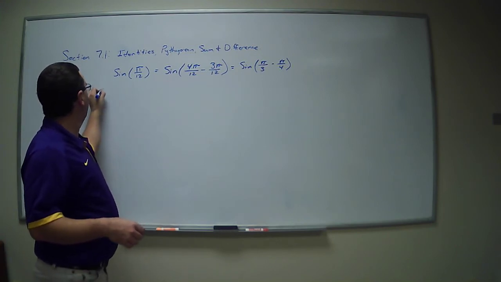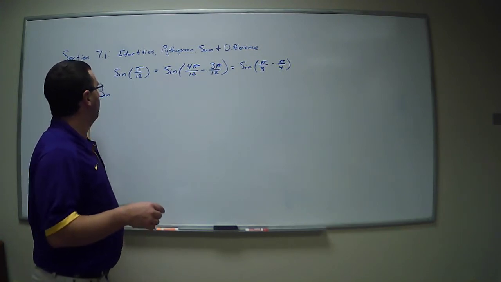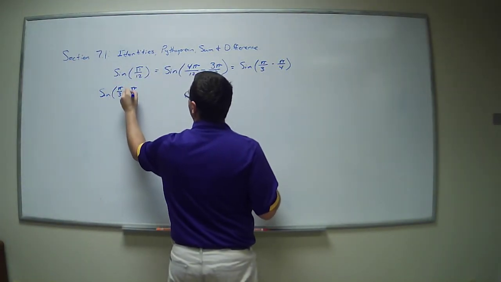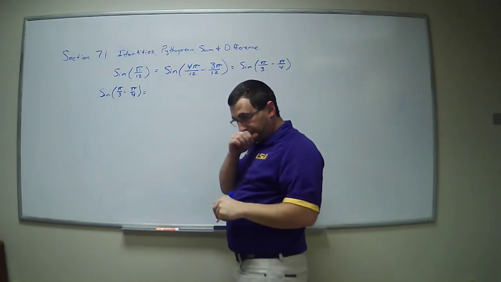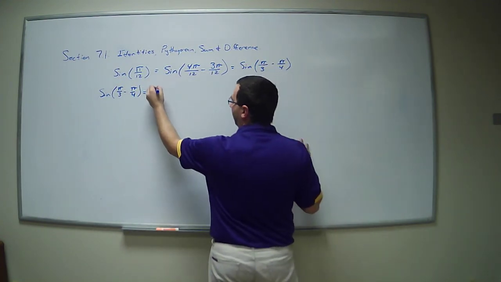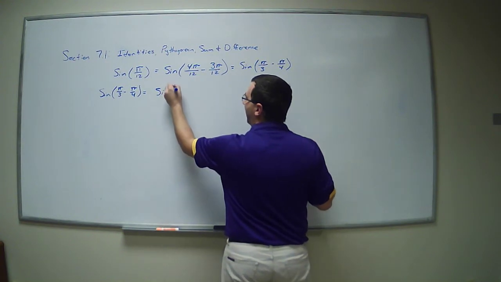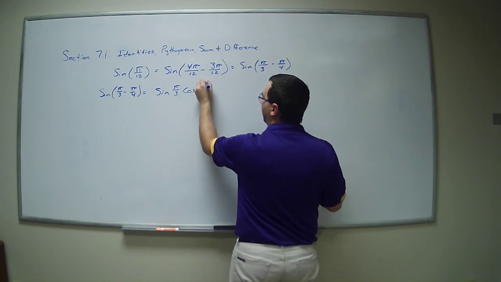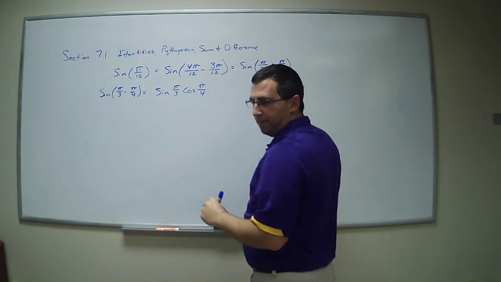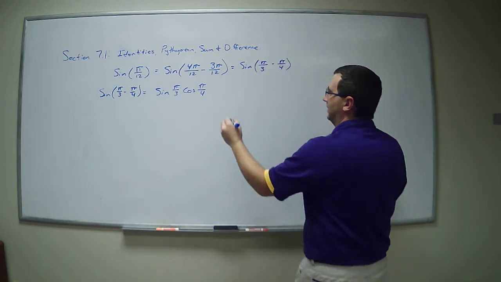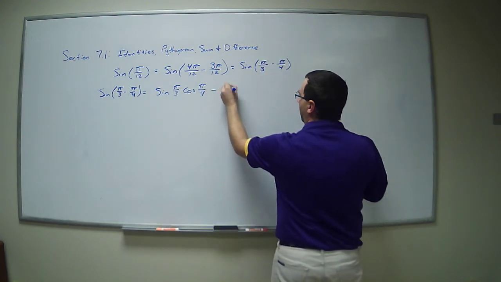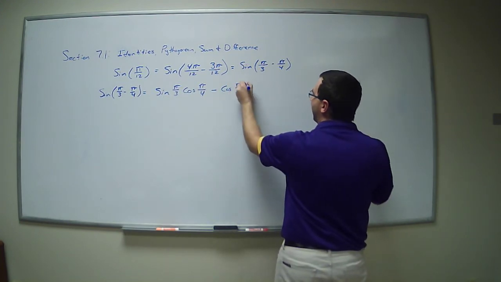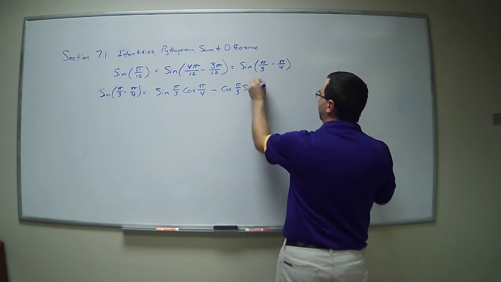All right, so this would be sine of pi over 3 minus pi over 4 equals sine of your first angle, so that would be sine of pi over 3 times cosine of your second angle, cosine pi over 4, minus cosine of your first angle times sine of your second angle.